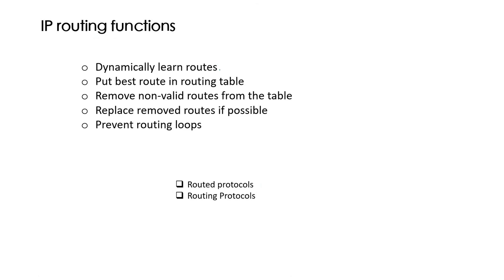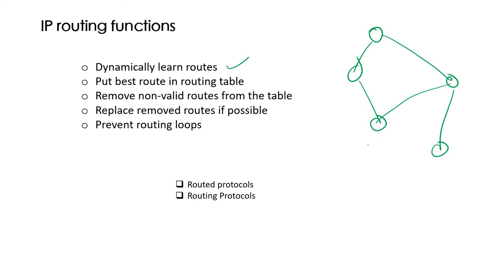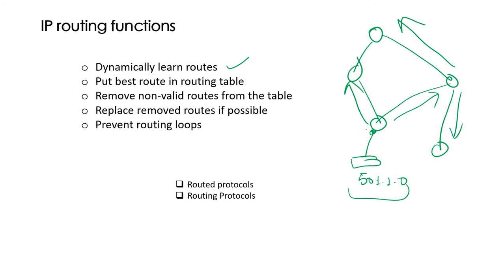The first job of the routing protocols is to dynamically learn the routes. Suppose we have different routers connected here, and a network is connected via this router. This information will be updated via a flooding mechanism to all the routers, that this new network, let's suppose 50.1.0, has been added on this specific router.